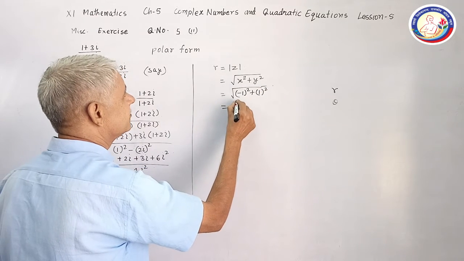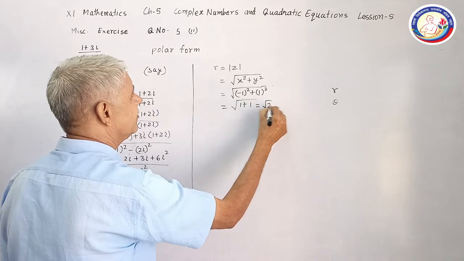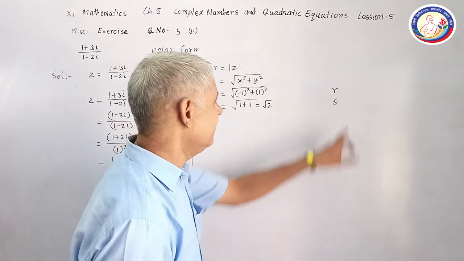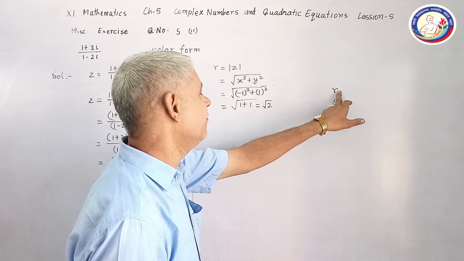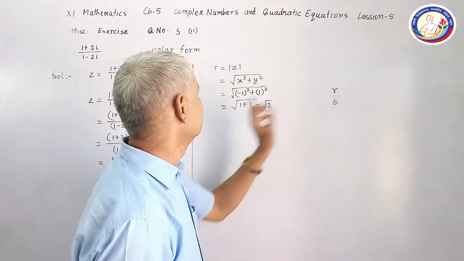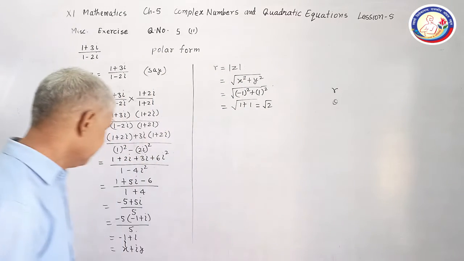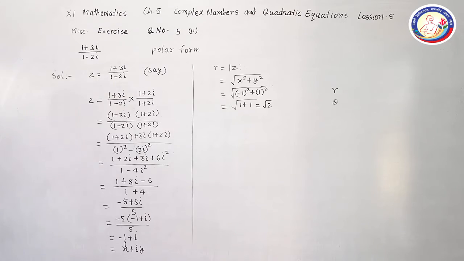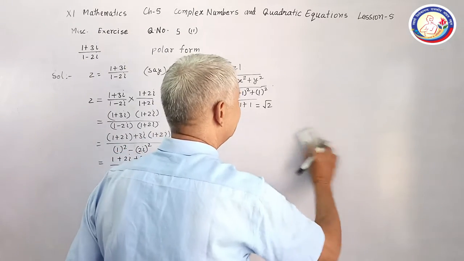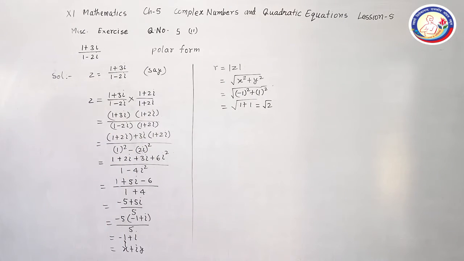This will give us 1 plus 1, and that is square root of 2. So we have calculated the value of r here. The modulus of this complex number is square root of 2.